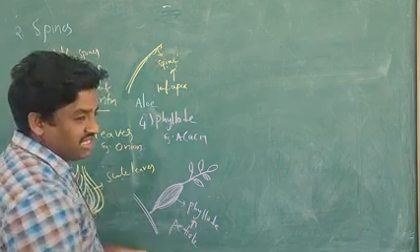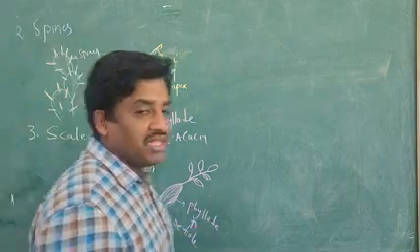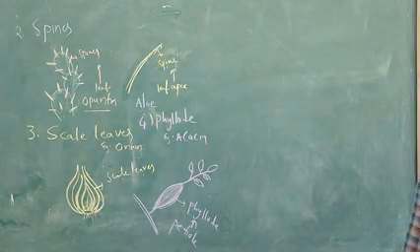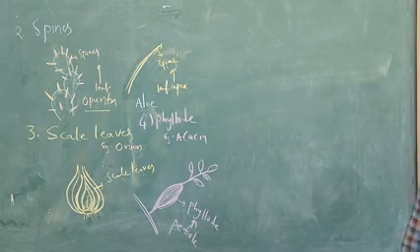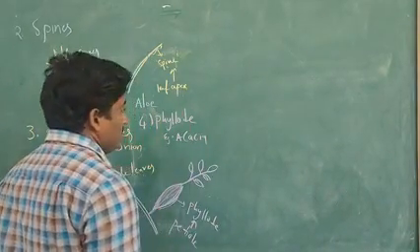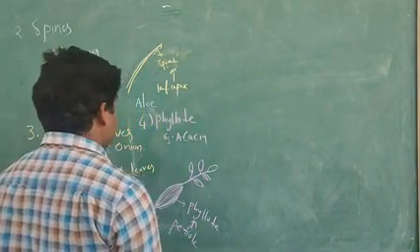That's what you call a phylloid. These are also greenish in color, so they can perform photosynthesis, and also store food materials.